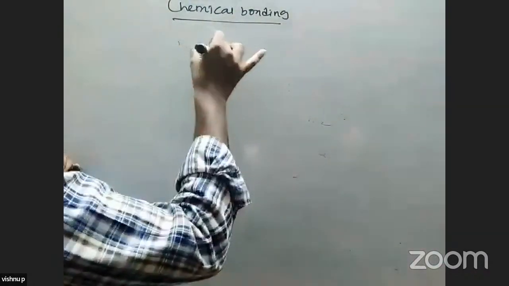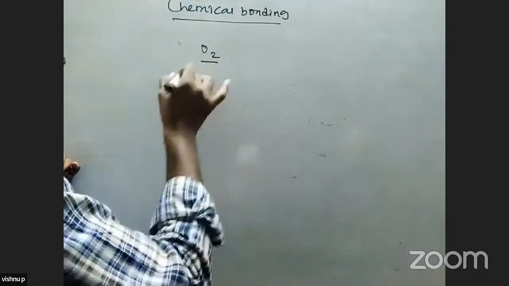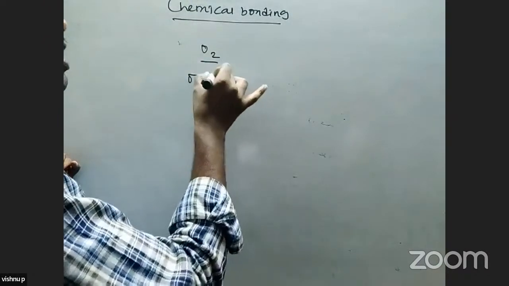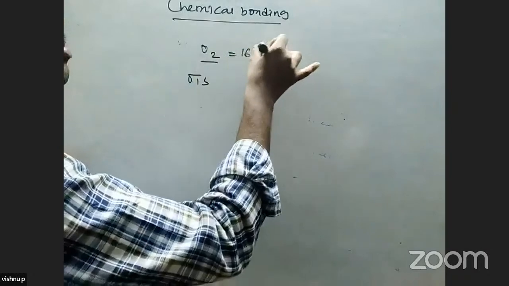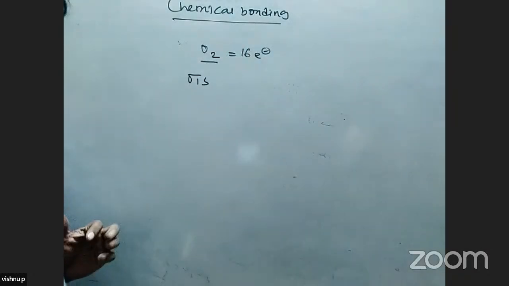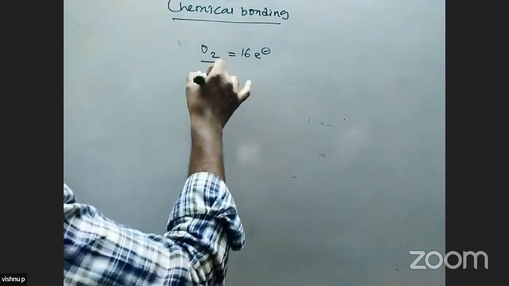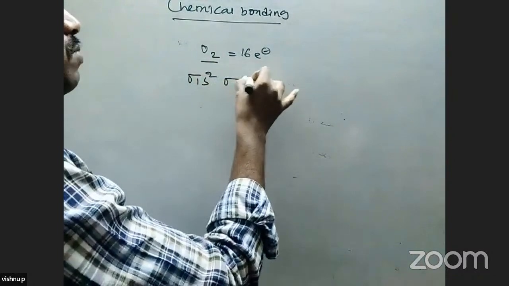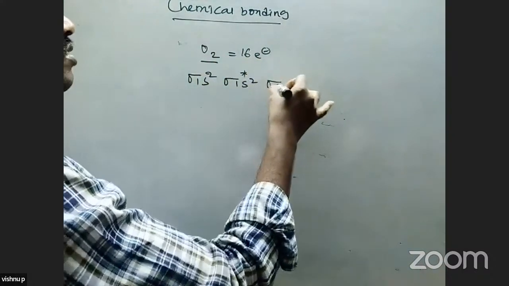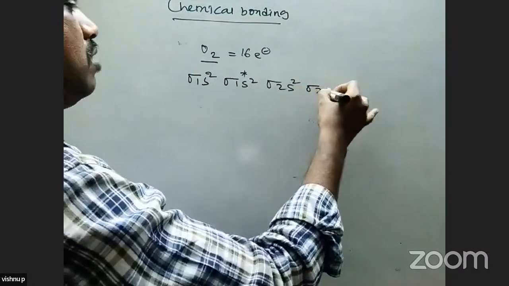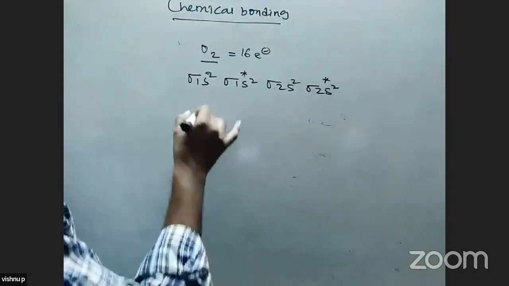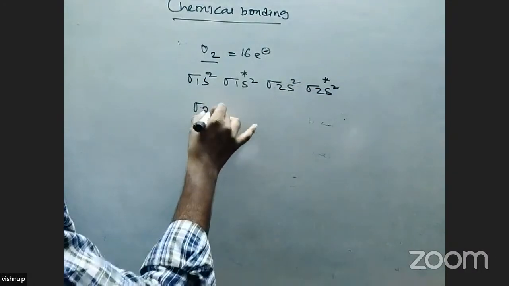For the oxygen molecule, the total electrons are 16. From 16 electrons we follow this order: sigma 1s2, sigma 1s2 anti-bonding, sigma 2s2, sigma 2s2 anti-bonding. Next, sigma 2pz.